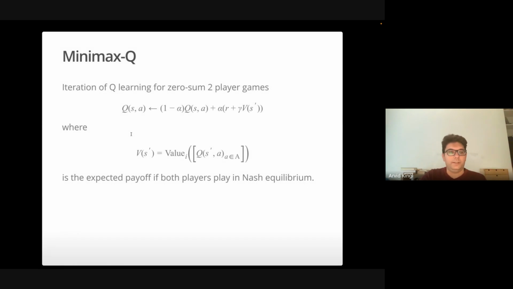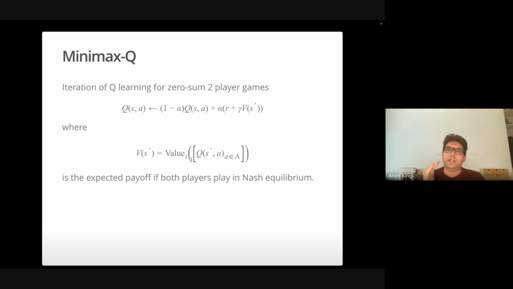Now one of the extensions is minimax Q, with a very similar update rule for your Q function, except that rather than using the Q function itself to establish what is the best action, you assume you're both in the next state, and look at the payout of that state.